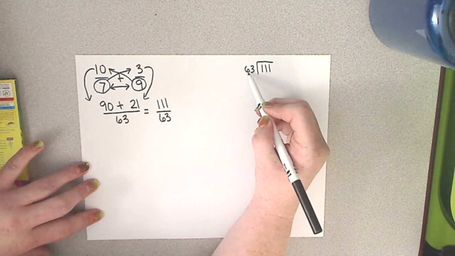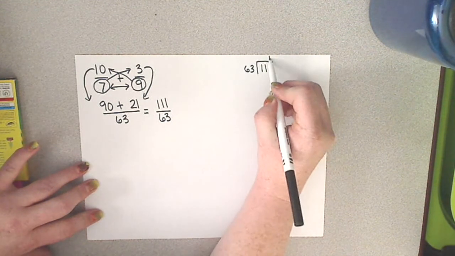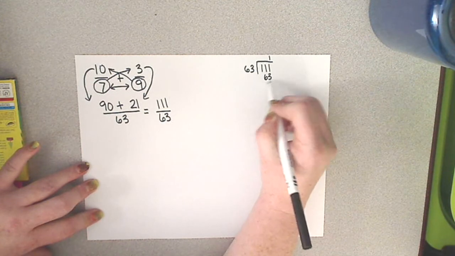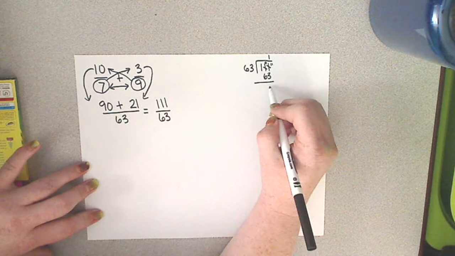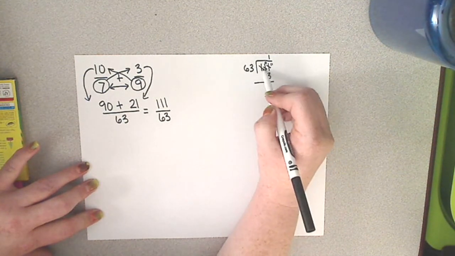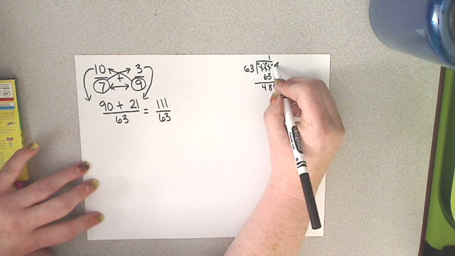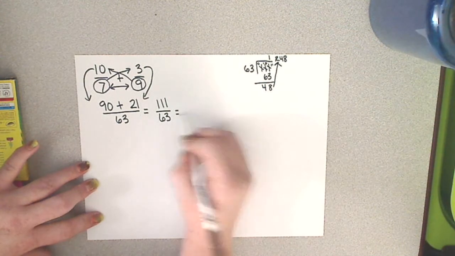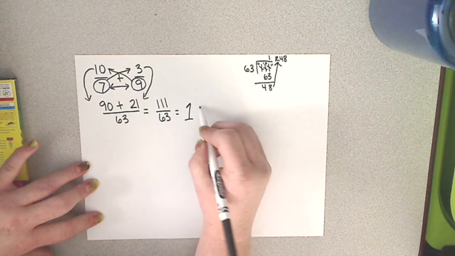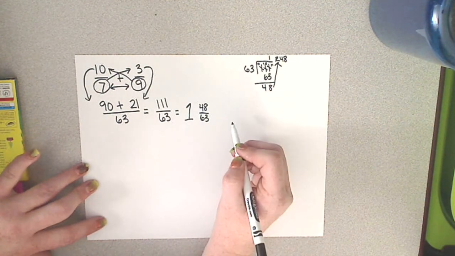Now I know that 60 times 2 is 120, so I'm not going to be able to fit 63 twice. So 63 times 1 is 63. This is going to be 11. That's going to turn into a 0. 11 minus 3 is 8. 10 minus 6 is 4. 48 is less than 63, so I know I've got that right. Remainder 48. So I'm now left with the mixed number of 1 and 48 over 63.